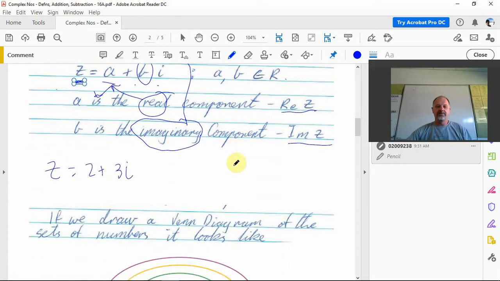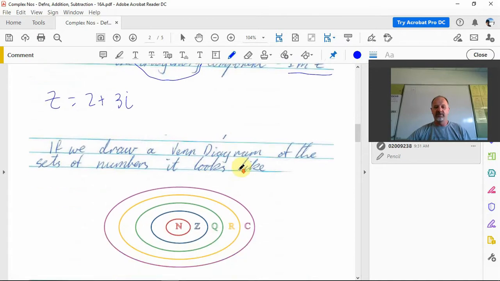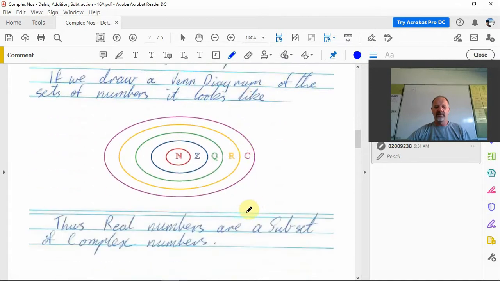All right, so if we look now, drawing a Venn diagram of numbers, it's like these concentric circles. So the complex number field is the outside, and then within that we have real numbers, and within that we have rational numbers.